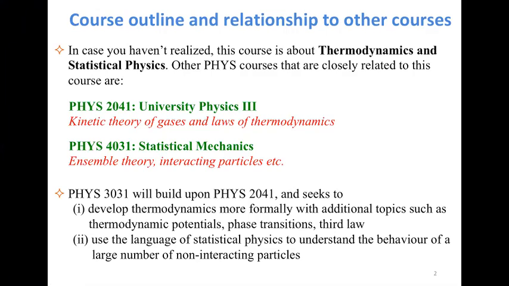Now this course, what is the relationship between this course and other courses? So hopefully everyone here has taken 2041. This is University Physics 3, and you cover a lot of materials. In particular, the kinetic theory of gases would be very important for this course. We are not going to redo everything, but at least the concepts you develop there will be relevant to us. Then we have the laws of thermodynamics covered there.